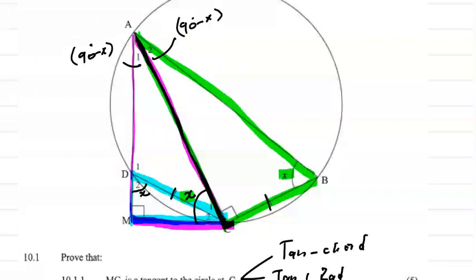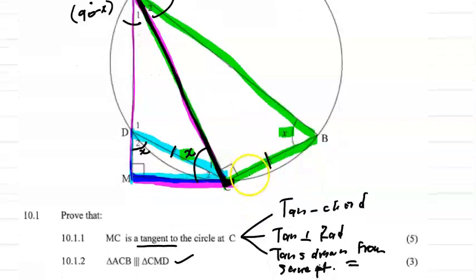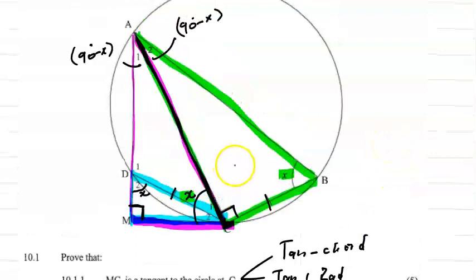Let's see, what do we have? Let's write the obvious ones down first. Both triangles have a 90-degree angle, which was given to us. So that will be one statement. We only need to show that two angles in one triangle and two angles in the other triangle are equal to each other to prove similar triangles. The third angle will be equal because of the remaining angles: the sum of angles of a triangle add up to 180 degrees.